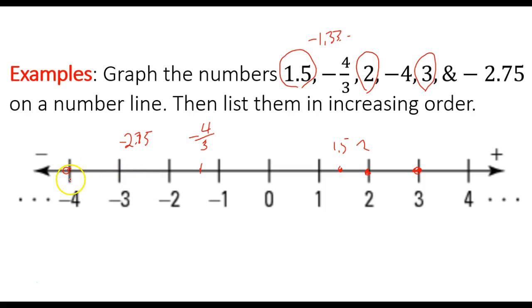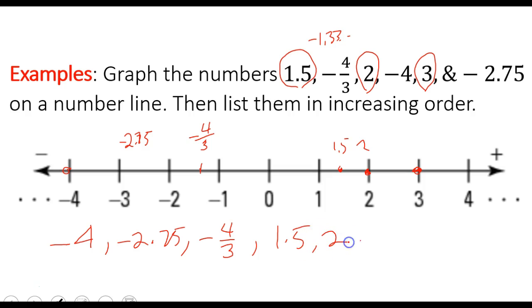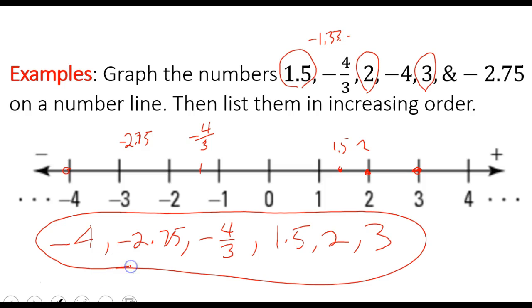So now the list is going to be negative 4, followed by negative 2.75, followed by negative 4 over 3, followed by 1.5, followed by 2, and followed by 3. This is in order from least to greatest. It's increasing.